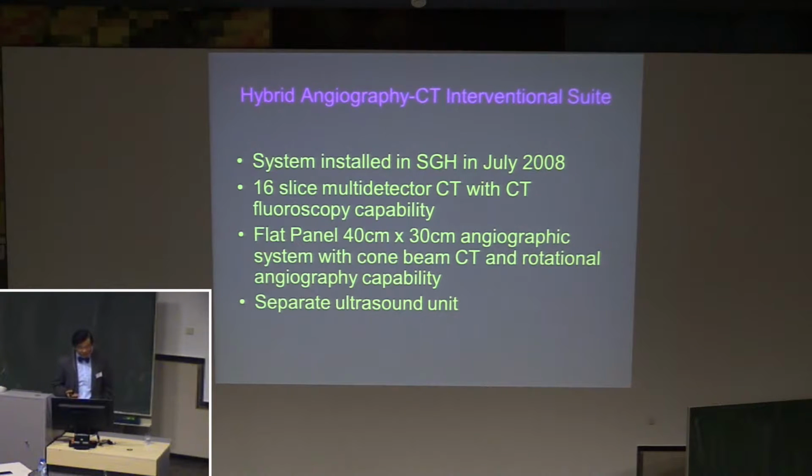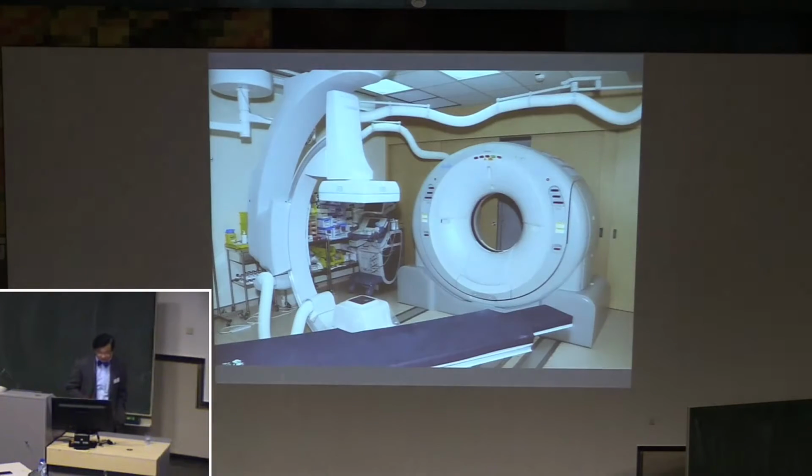The angiography unit is a 40 cm by 30 cm flat panel system with Conebeam CT and rotational angiography capability, and we have a separate ultrasound unit in the room as well. So this is what the unit looks like. The 16-slice CT on rails, the patient, the procedure table, and the flat panel unit. And you can see the ultrasound in the background.